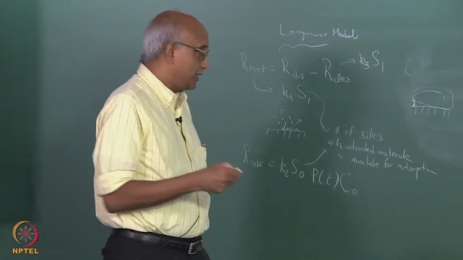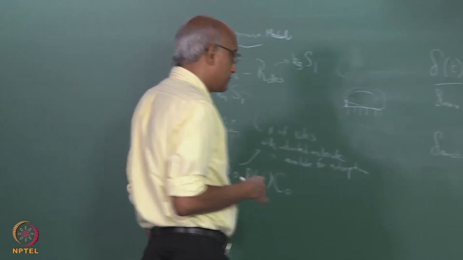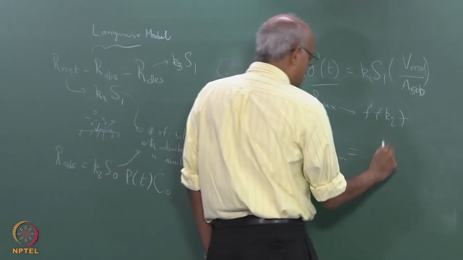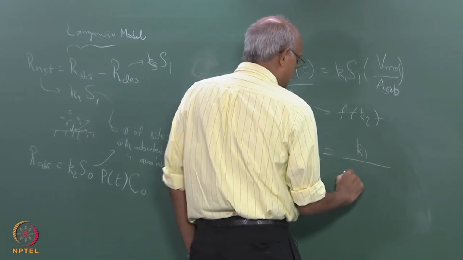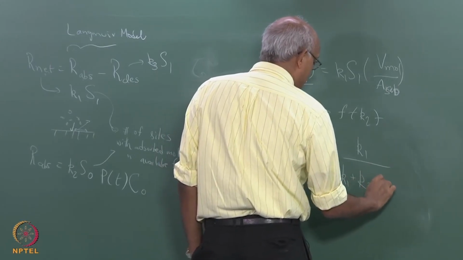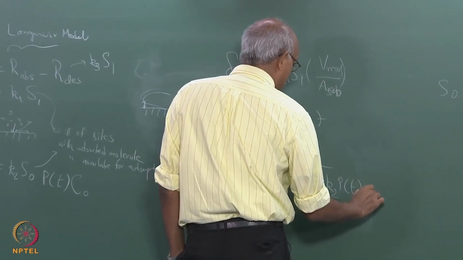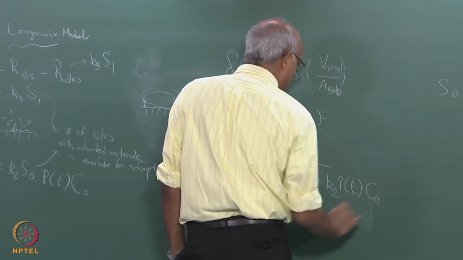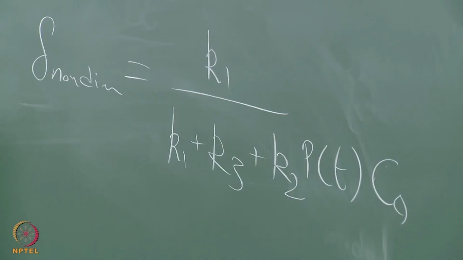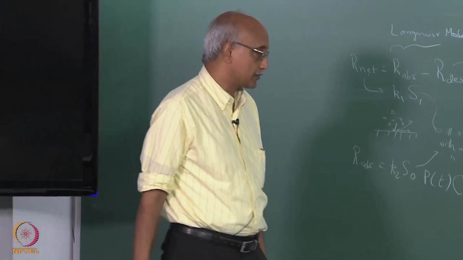It is obviously dependent only on these 3 parameters K1, K2 and K3, and in fact the expression that is written is K1 over K1 plus K3 plus K2 times P of T times C0, which is the concentration of the depositing material in the gas phase.